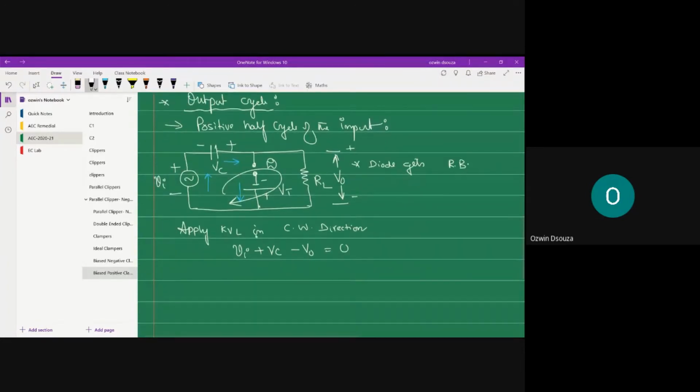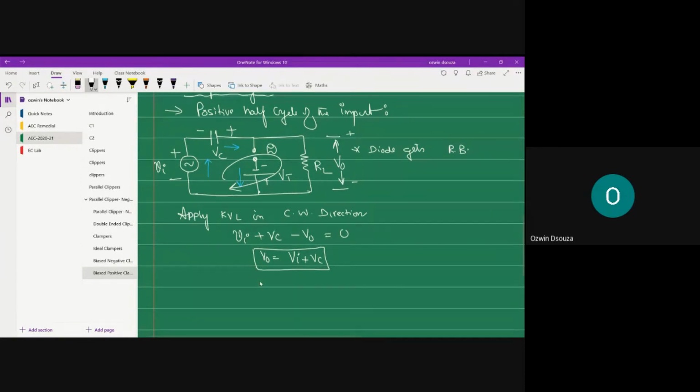Or output V0 is equal to Vi plus Vc. So this is your output equation for positive half cycle. Let me write it here, say this is equation star.